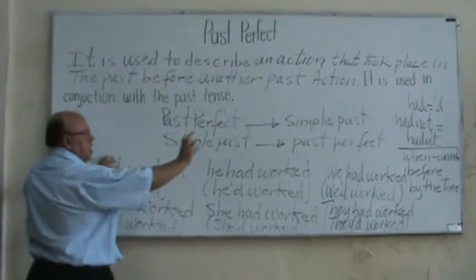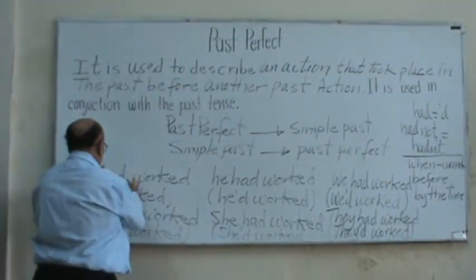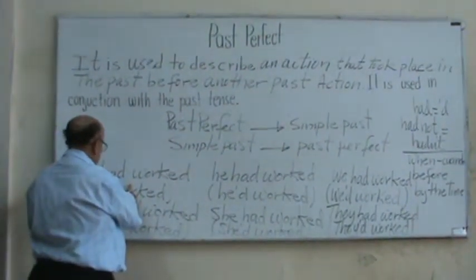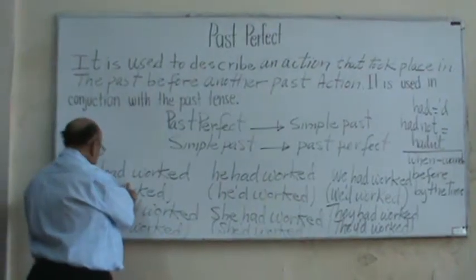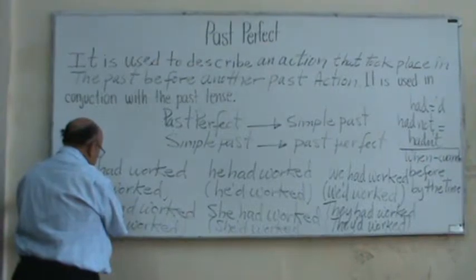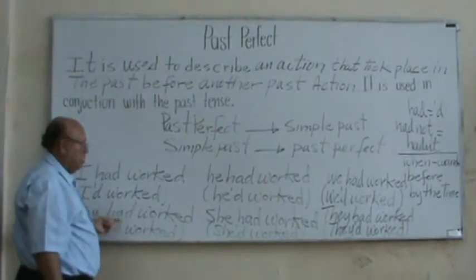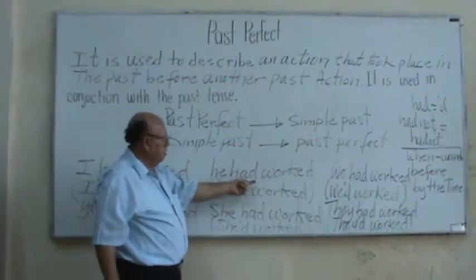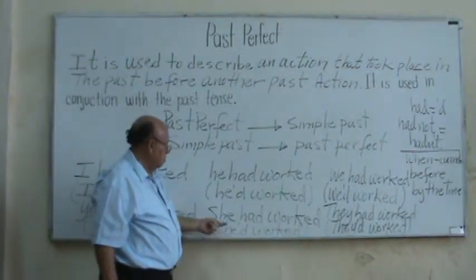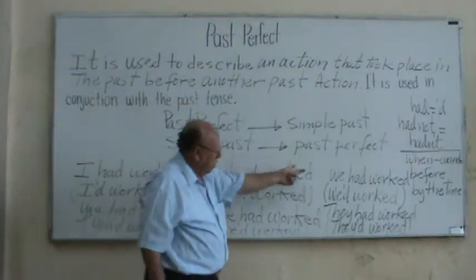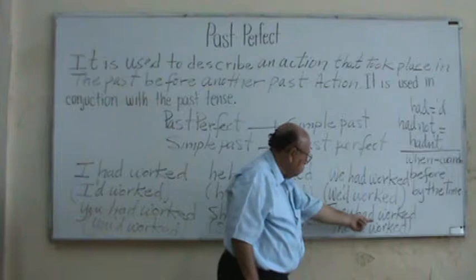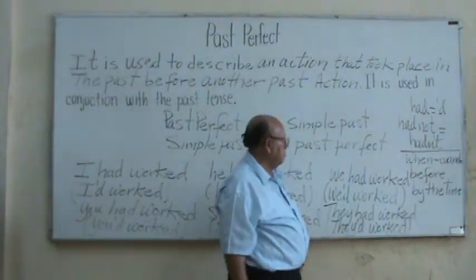I hadn't worked, or I had not worked. Yo no había trabajado. You hadn't worked, or you had not worked. No habías trabajado. He hadn't worked, he had not worked. She hadn't worked, she had not worked. We hadn't worked, we had not worked. They hadn't worked, they had not worked.